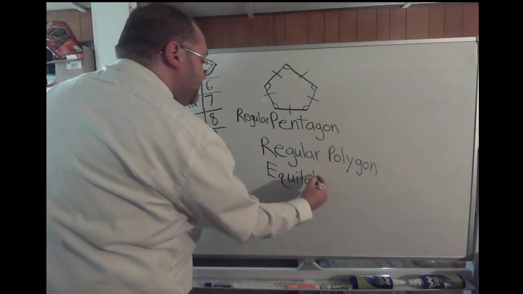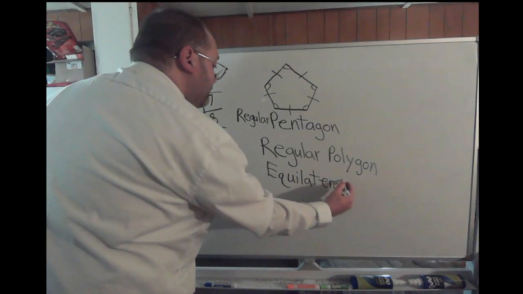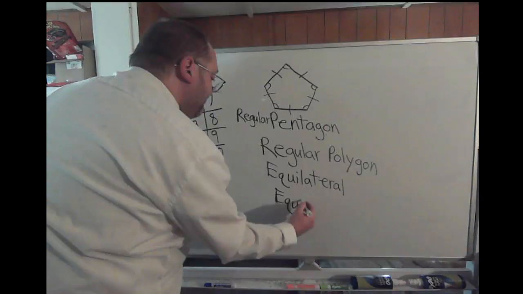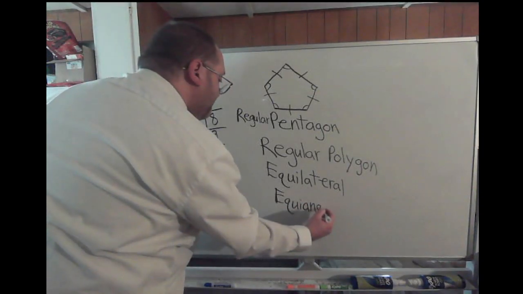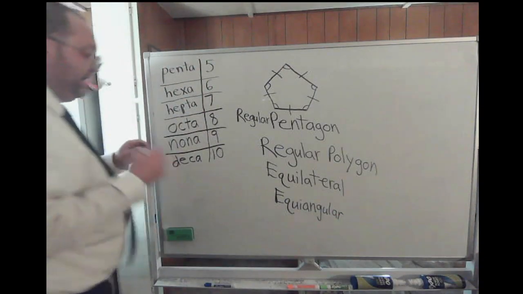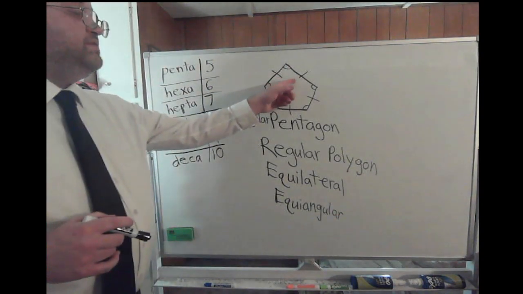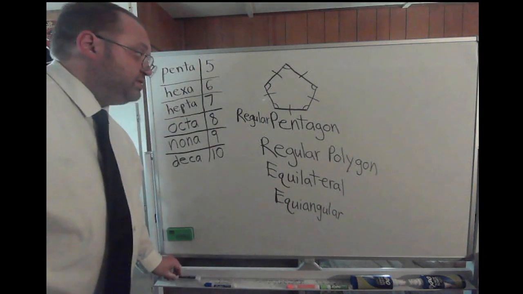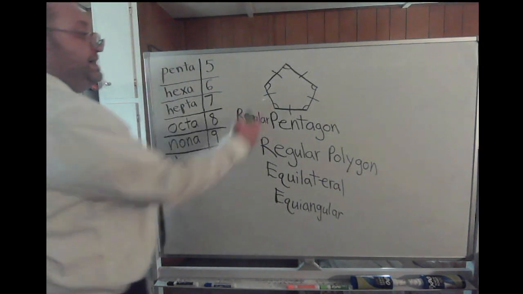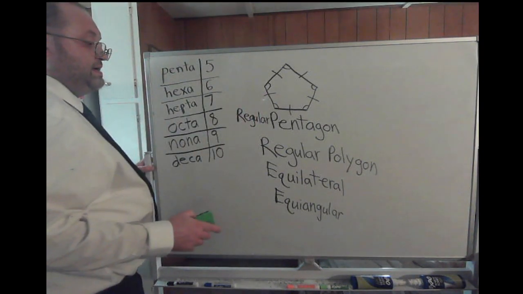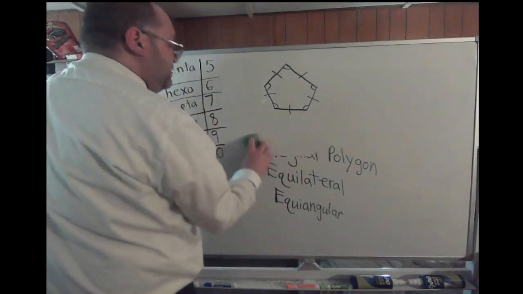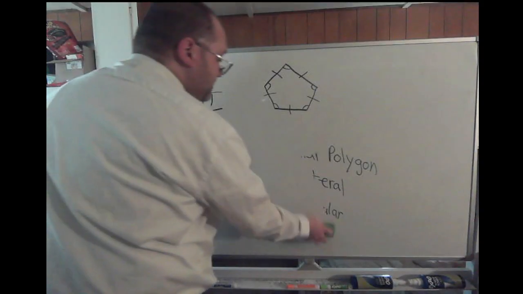Equilateral means all the sides are congruent. It is also going to be equiangular, meaning all the interior angles of the polygon will be congruent to each other. That's how you have a regular polygon. In this case, we have a regular pentagon. And we will talk more about angles of polygons here in a minute.